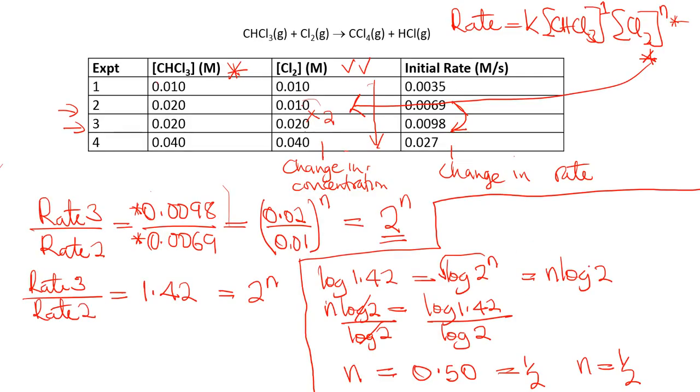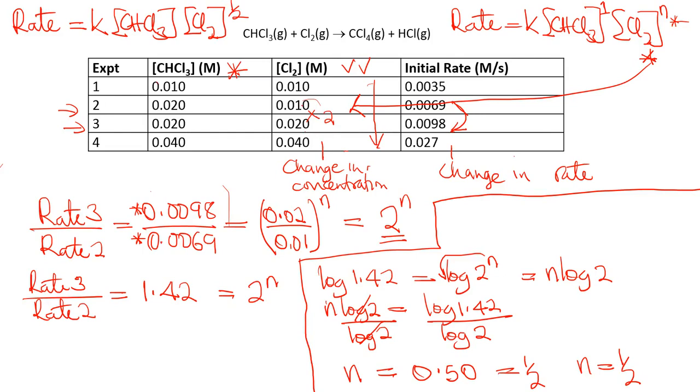So for this one, we can write the final equation. We say rate is equal to K [CHCl3] [Cl2]^(1/2). So that is the rate law for this reaction.